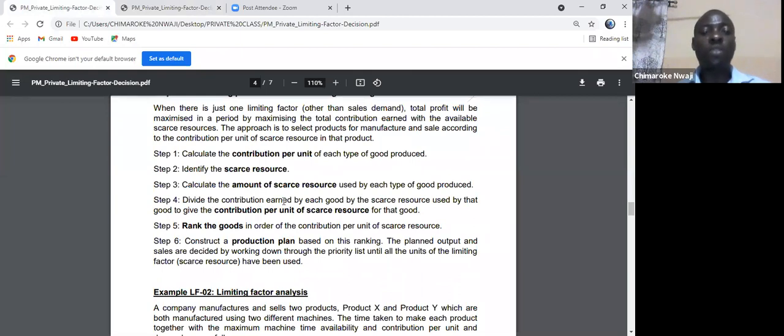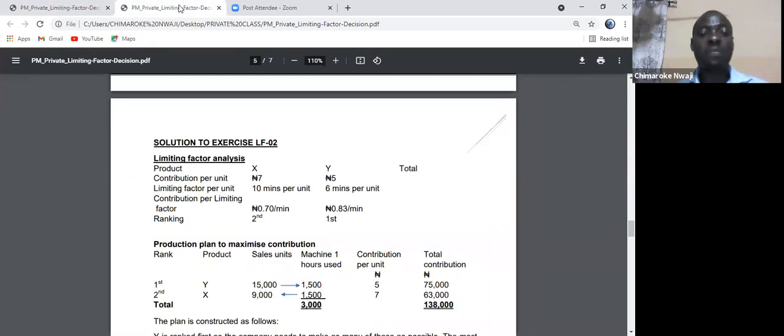Divide the contribution, which is step 1, by the amount of scarce resource per unit. So step 1 divided by step 3. So step 1, we have 7 naira divided by 10 minutes. What will that give you?